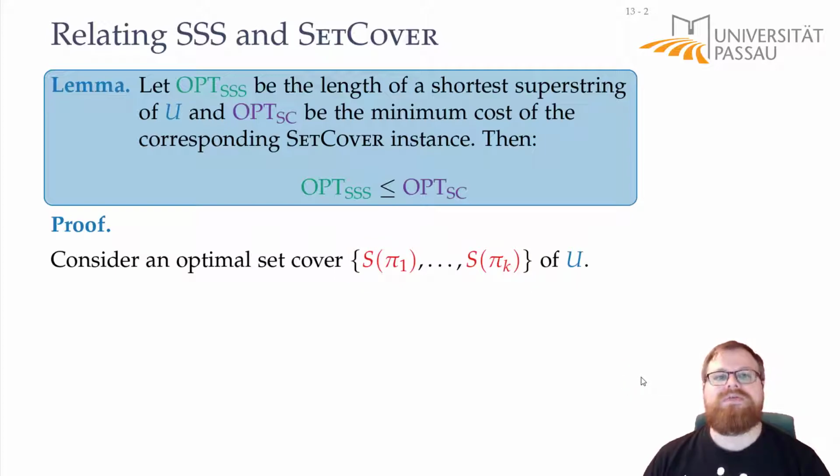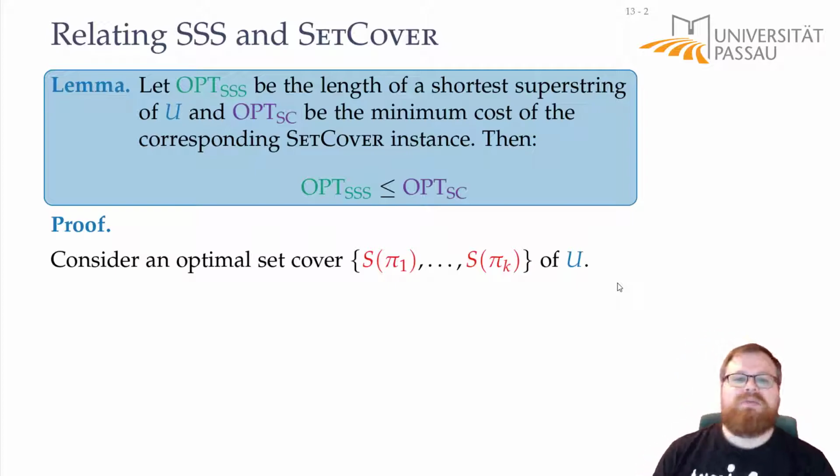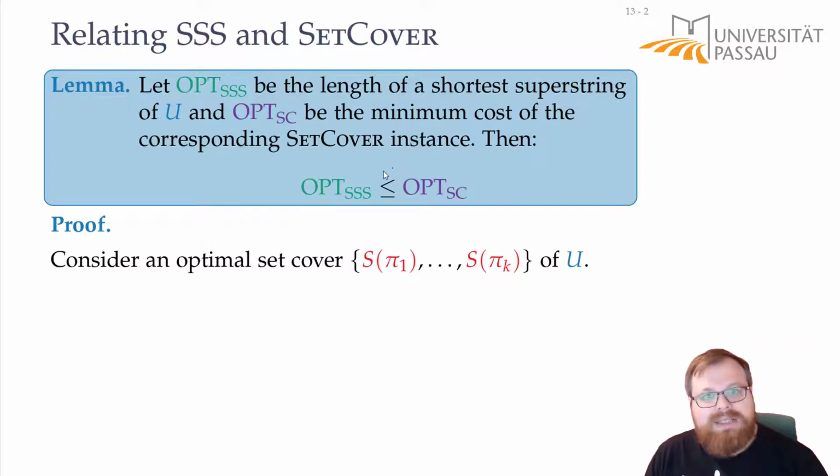So we don't want to find the optimum solution for shortest superstring, but just some valid one. And we want to show that it does not cost more than this. If there is some valid solution that costs at most this much, then the optimum solution clearly also costs at most that much. So we get an upper bound from that.